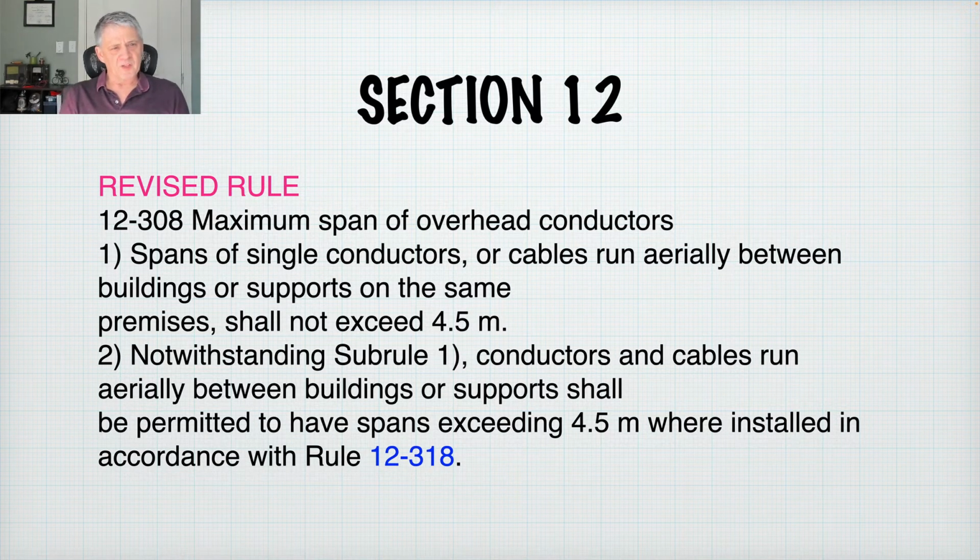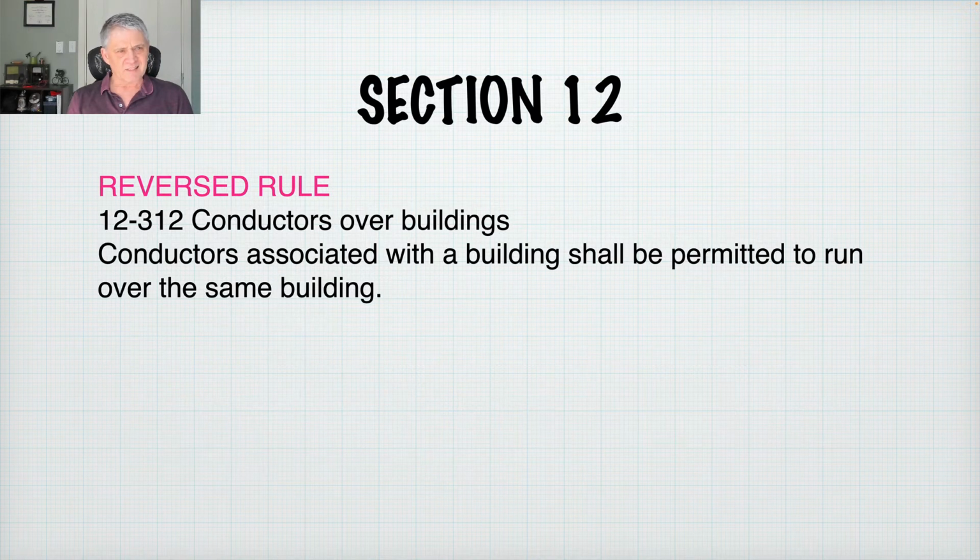A revised rule, maximum span of overhead conductors. Spans of single conductor or cables run aerially between buildings or supports of the same premises shall not exceed 4.5 meters. The rules are pretty much identical.